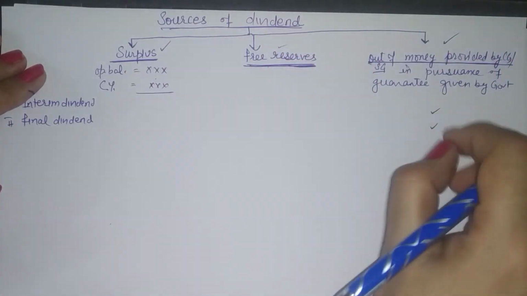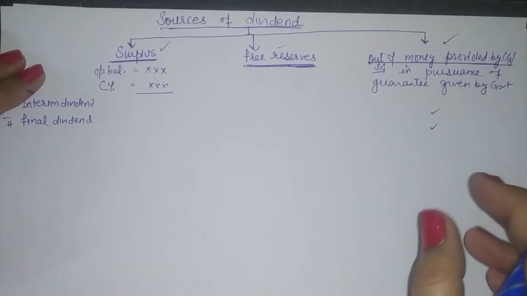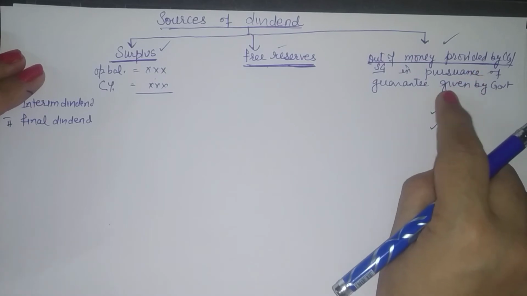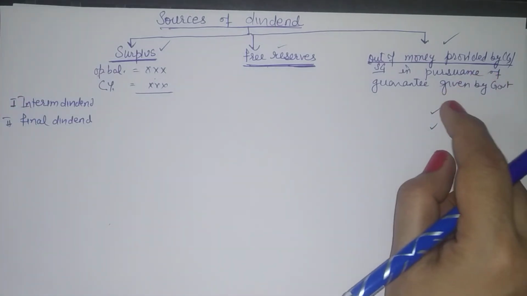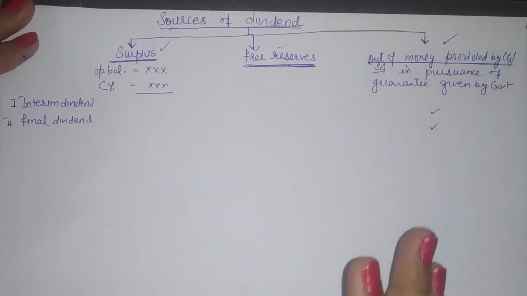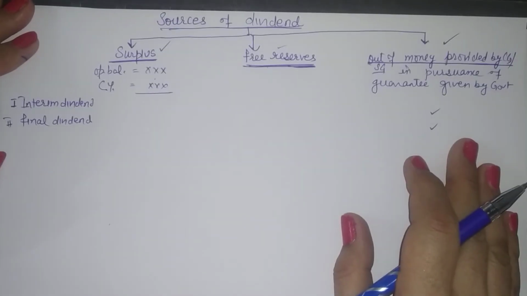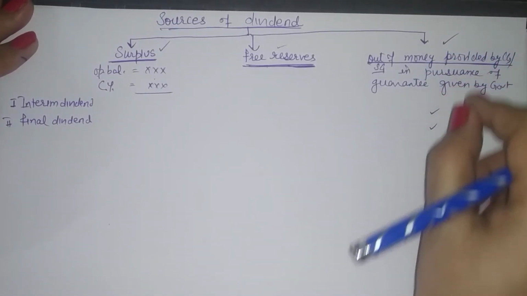So we cannot specify anything in this regard. If the terms of guarantee provide that final dividend of this much is to be given, then government will give you money at the end of the year and you will use that money. So whether it is used for interim or final dividend, that will be as per the terms provided to you. So we have no say in this.